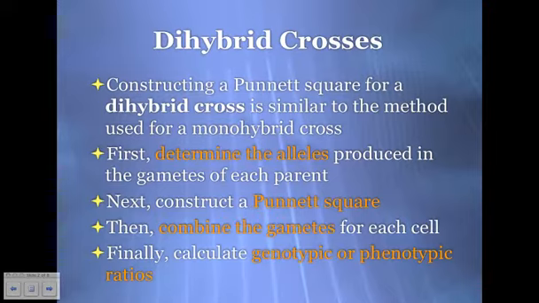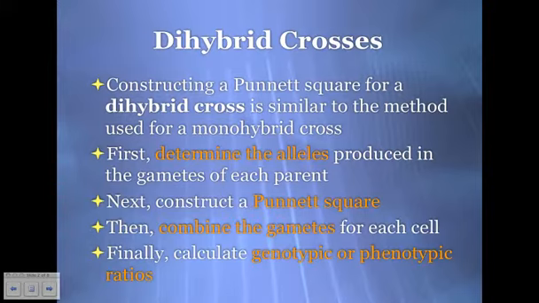With dihybrid crosses, your maximum number of boxes would be 16, so a 4x4 square. It doesn't always require a 4x4 square, but if that makes you more comfortable, go ahead and do that. Then you would have to combine the gametes within the Punnett square, and then finally interpret what those gametes stand for in order to calculate your genotypic or phenotypic ratios.